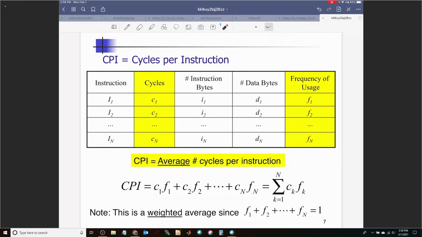So I'm using C1 for 20% of the time, I'm using C2 for 30% of the time, and so on. So essentially the weighted average of all the clock cycles per instruction inside the set is going to give me the overall CPI. I'm only using C and f to find out CPI. Weighted average.